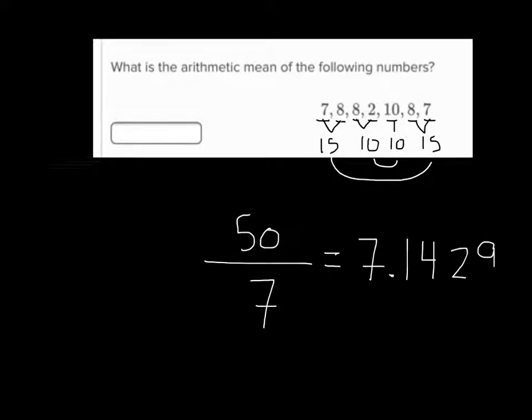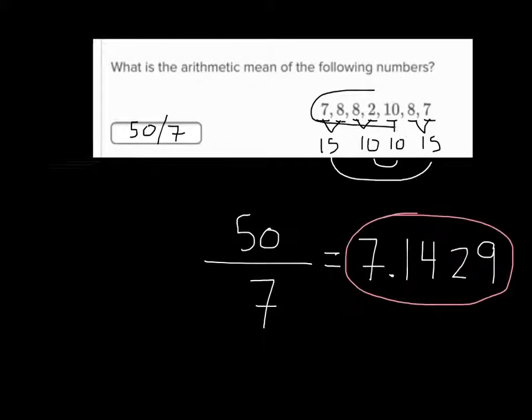7.142. I rounded it, right? Now in Khan Academy, he's not going to want you to round since it's a repeating decimal, so you would want to put in here 50 divided by 7, right? But your mean is 7.1429. If you made these grades on your 7 tests, hopefully your parents would be upset at you.